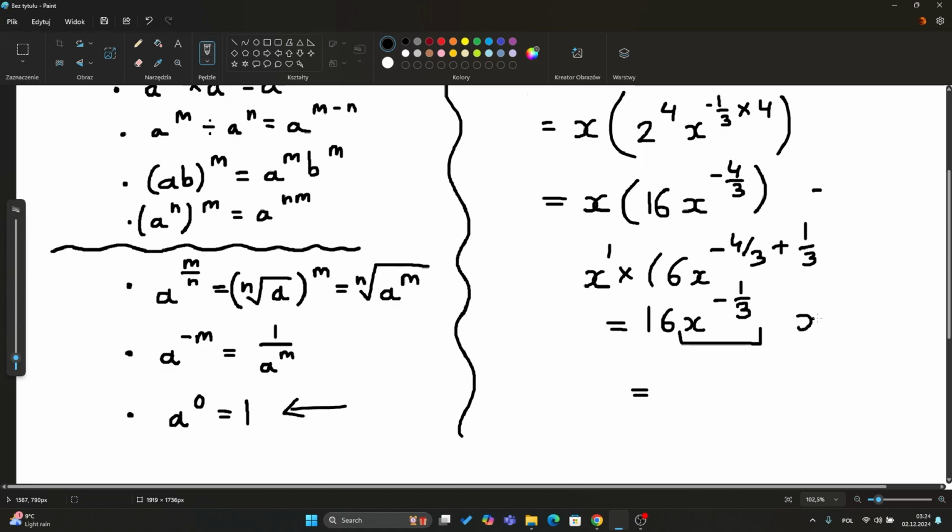We can have x to the minus 1 over 3 the same as 1 over x to the power of 1 over 3. So that is 16 over x to the power of 1 over 3.